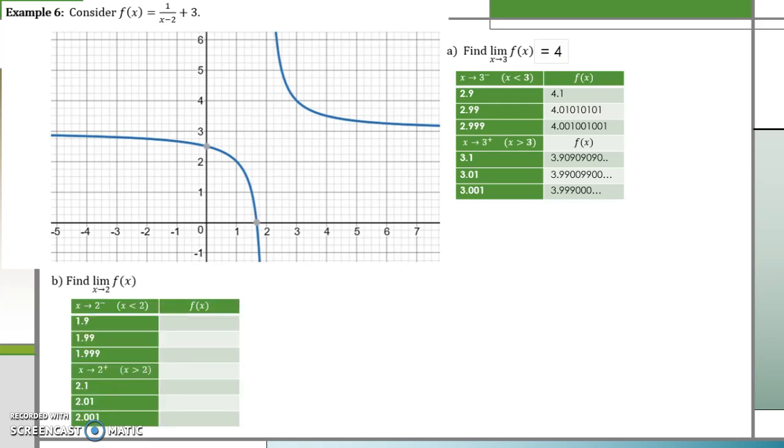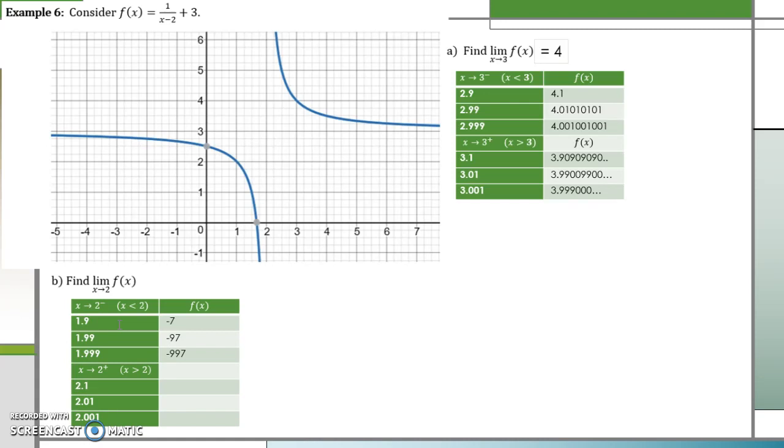Let's find the limit as x is approaching 2. So what happens as x is approaching 2 from the left and from the right? You may already have a gut instinct that the limit does not exist, but let's prove it. So values that are slightly less than 2, when we plug them in, are -7, -97, -997.